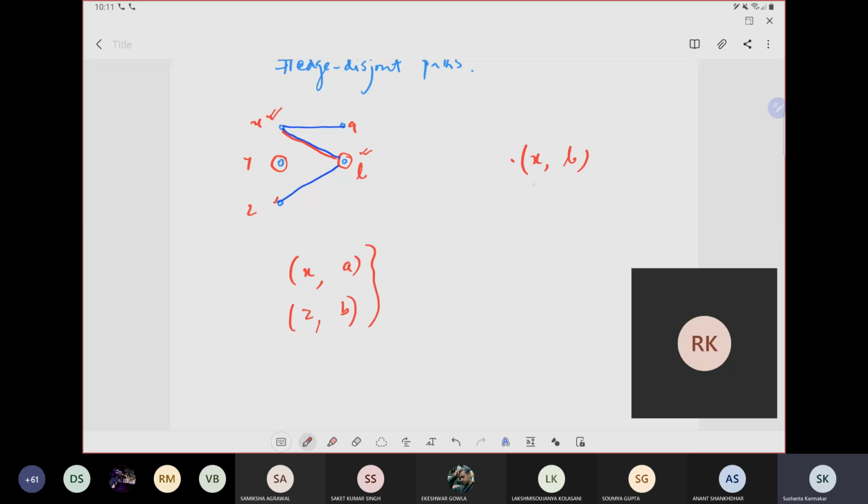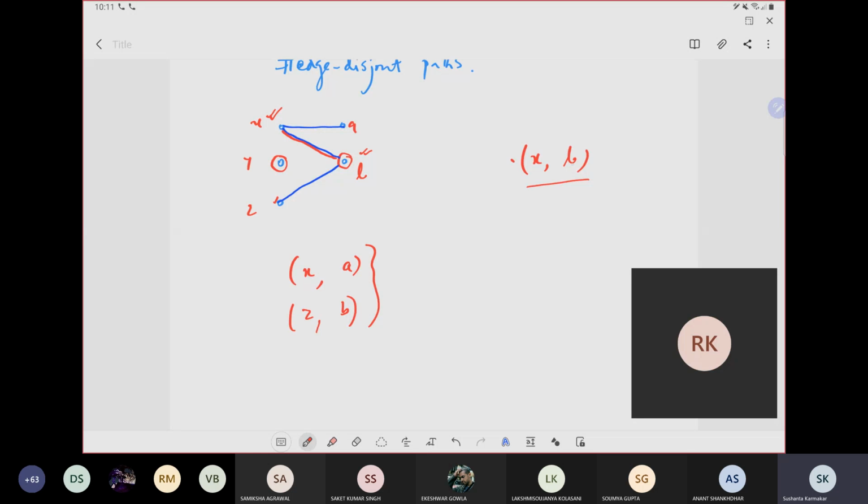But if I initially take X comma B, then I cannot increase my matching any further, because A is not connected to Z, so I cannot make Z comma A. I cannot make X comma A because X is already taken. I cannot make Z comma B because B is already taken.